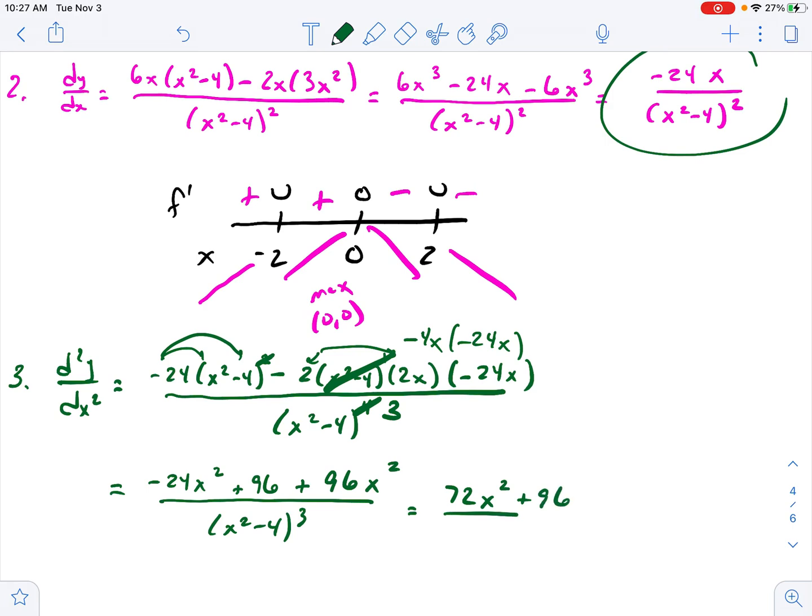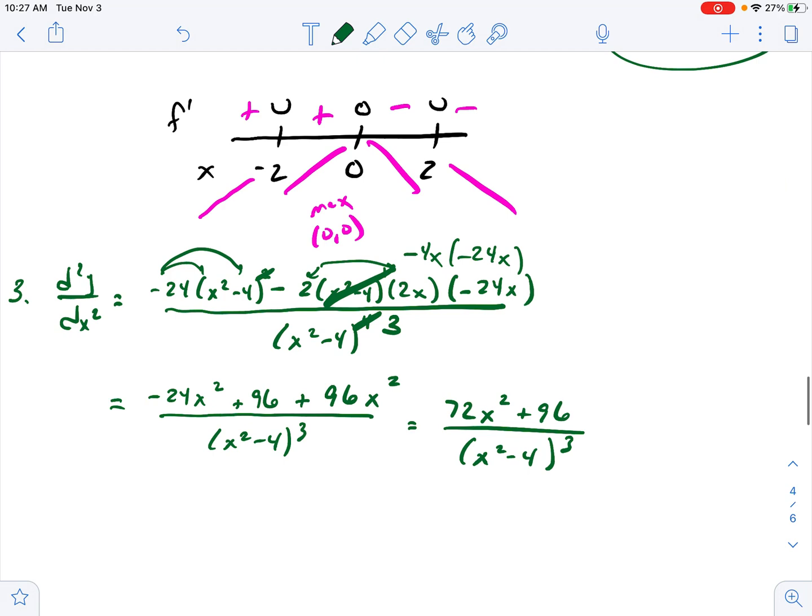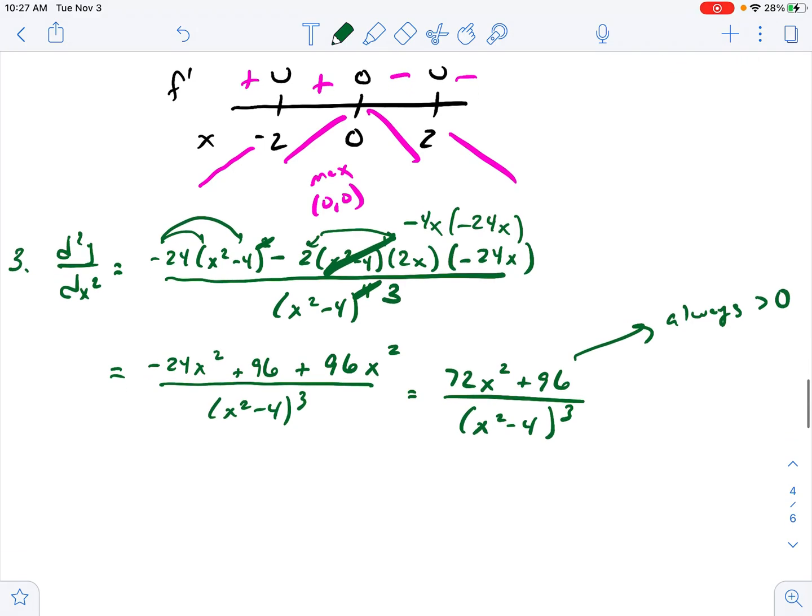And so we get 72x squared plus 96 over the denominator to the 3rd power. We can set the top equal to 0. You can try and solve that, but that's always positive. Any value of x you plug in, that's always going to be positive. And it comes down to the denominator. So the only critical points are at plus or minus 2, where this thing's undefined.